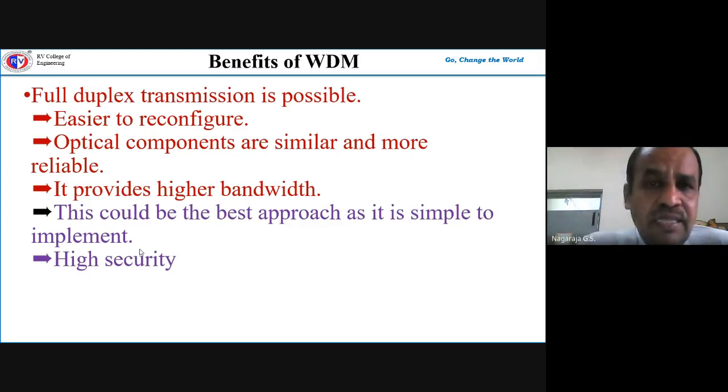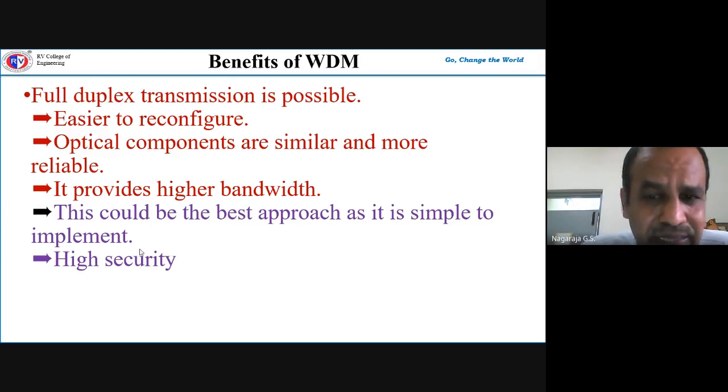Yeah, having said that, we have to understand some of the benefits of WDM. It is easier to reconfigure your WDM. That's one point. Optical components are simple and more reliable. It provides higher bandwidth, so that is the reason we go ahead with optical fibers. Basically, this could be the best approach as it is simple to implement.